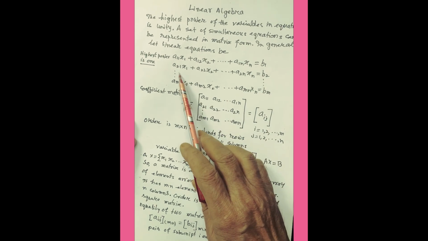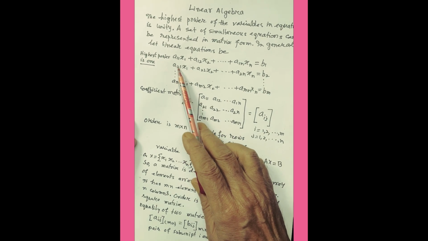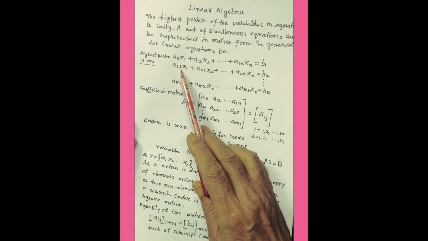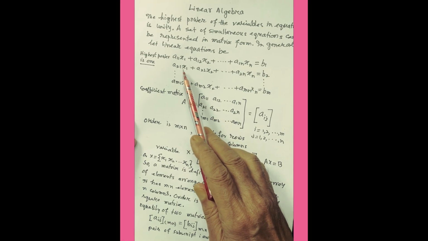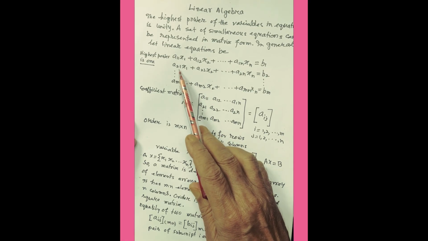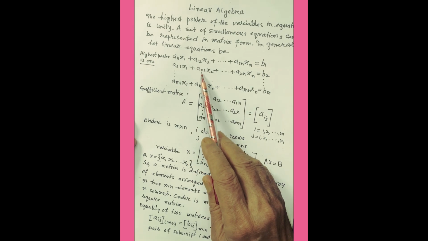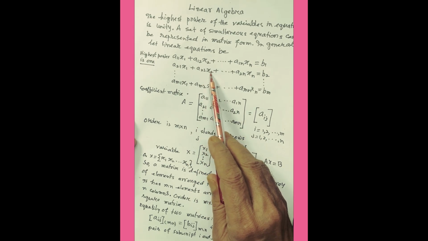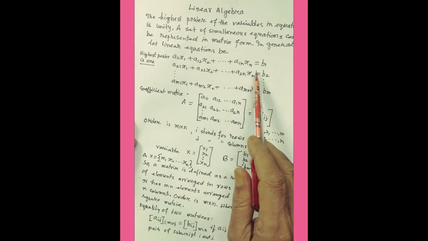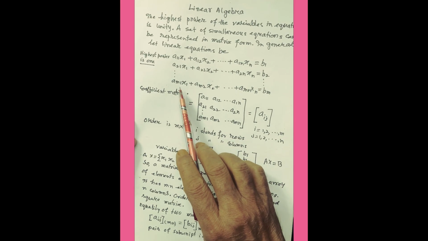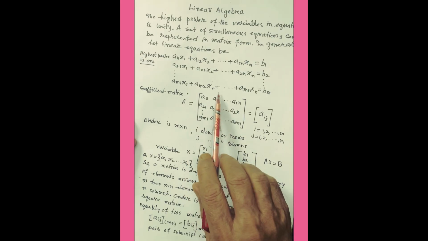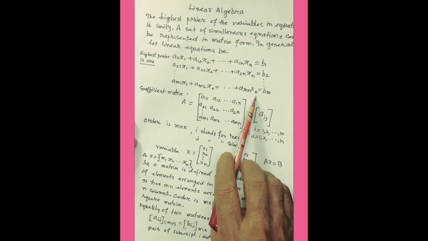Then next is a21, that means it is the coefficient of variable 1 in the second equation. Similarly, the coefficient of variable 2 in the second equation, like that. So there are m equations and n variables. Okay, so this is the solution.